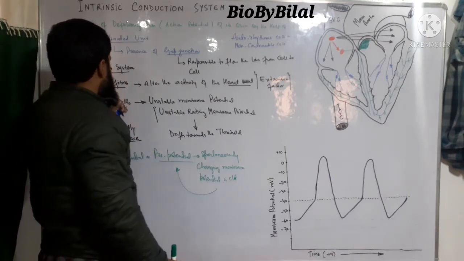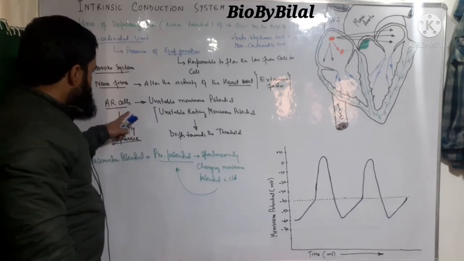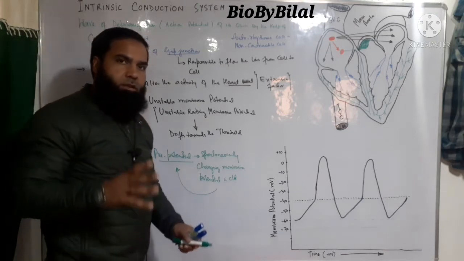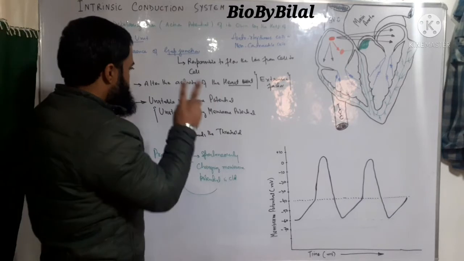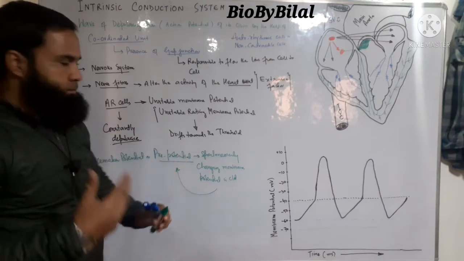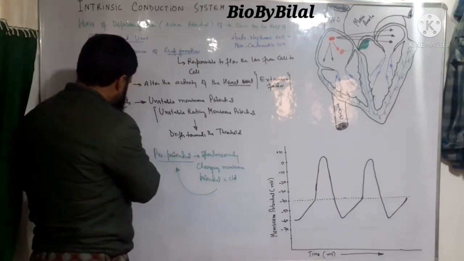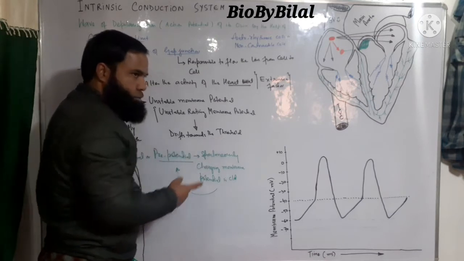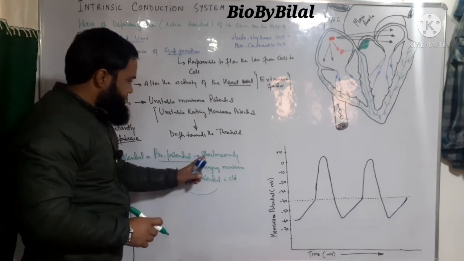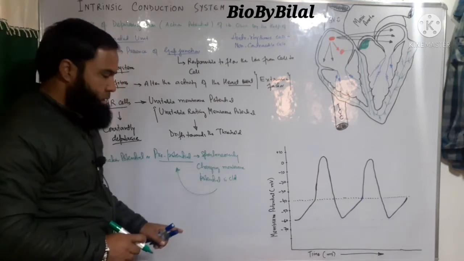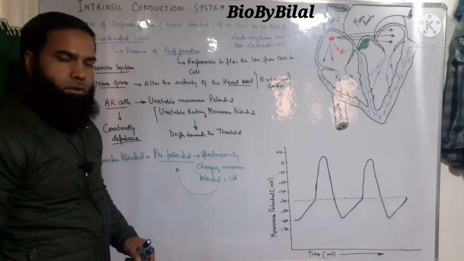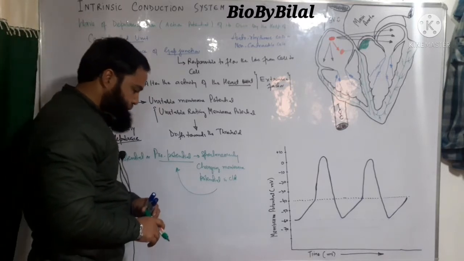Once again, the AR cells, also called autorhythmic cells, initiate the wave of depolarization on their own. They always have an unstable resting membrane potential, which means their membrane constantly depolarizes and drifts towards the threshold. I hope you got this information.